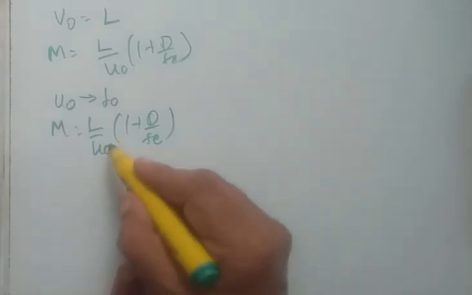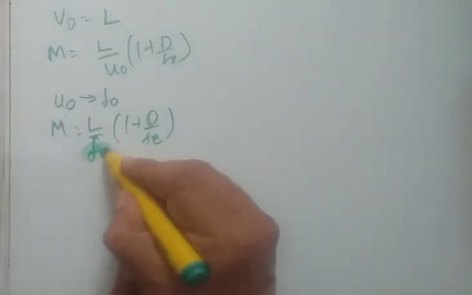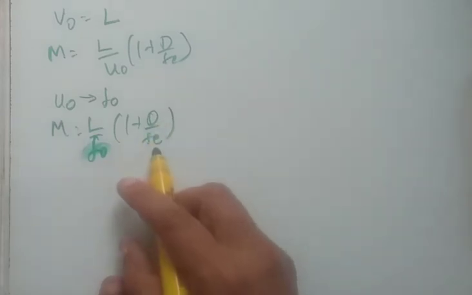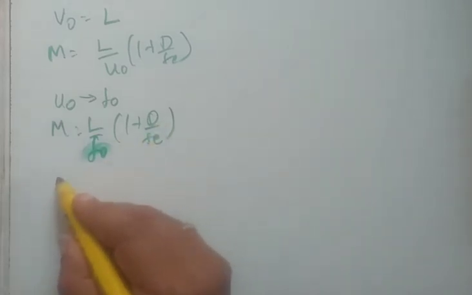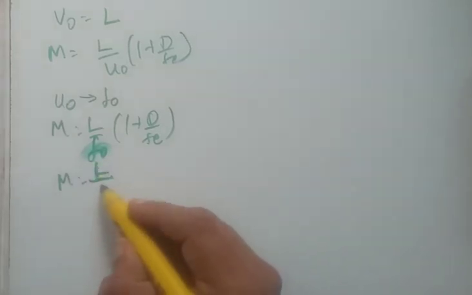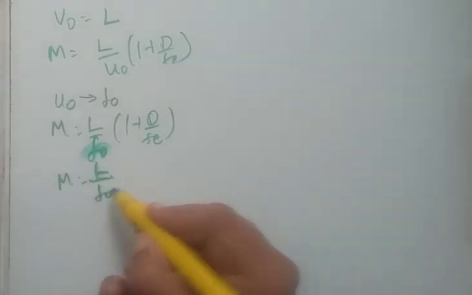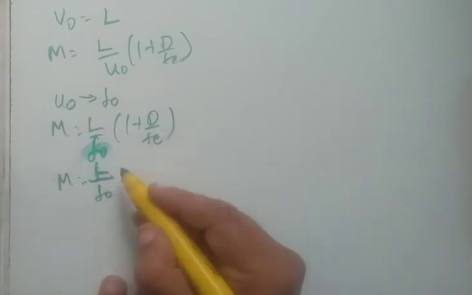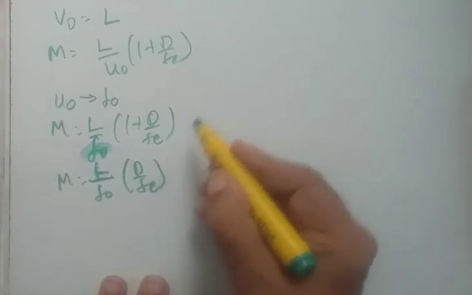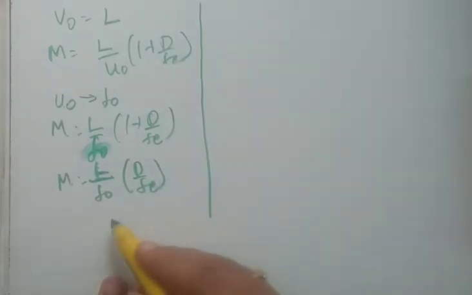But observe, if the final image is formed at infinity, 1 plus D by Fe can be written as D by Fe. Therefore, when the final image is at infinity, we can write M as L by F naught into D by Fe. This is the formula for the magnifying power of the compound microscope when the final image is at infinity.